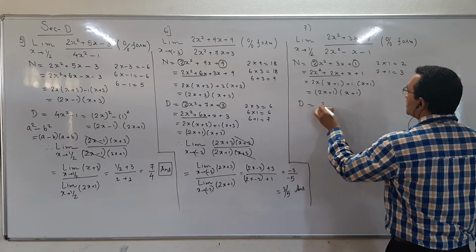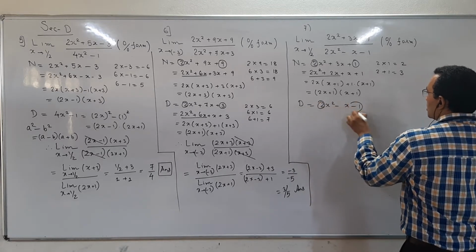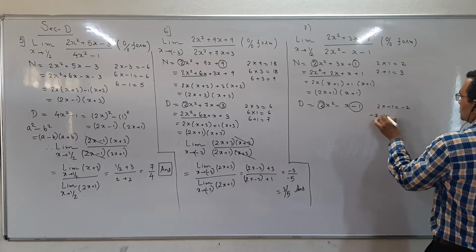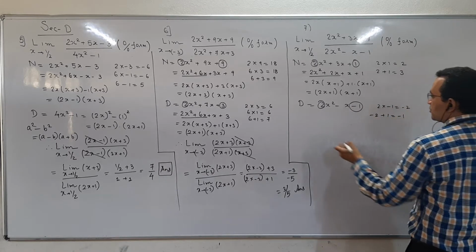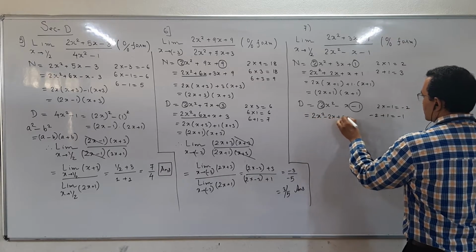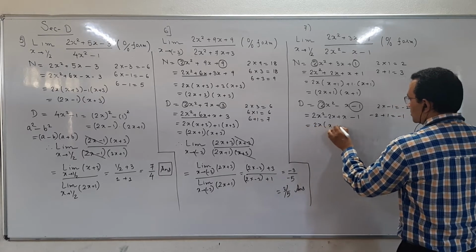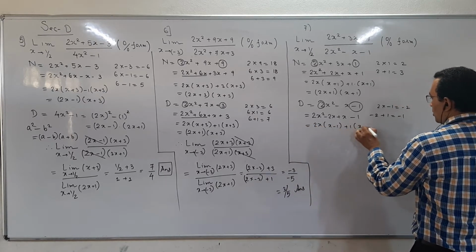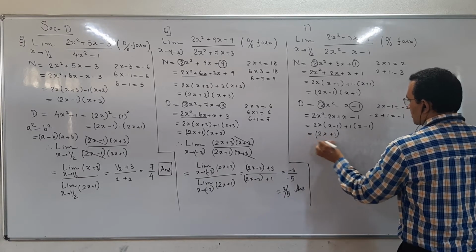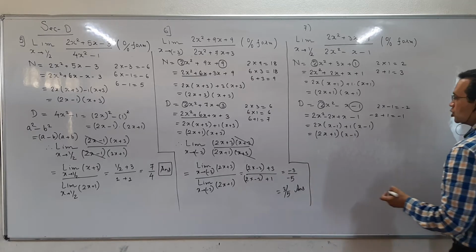Now the denominator is 2x² - x - 1. 2 into minus 1 is minus 2, minus 2 plus 1 will be minus 1. So 2x² - 2x + x - 1, common from the first two terms is 2x, 1 common from the next two terms, so the factorization is (2x + 1)(x - 1).